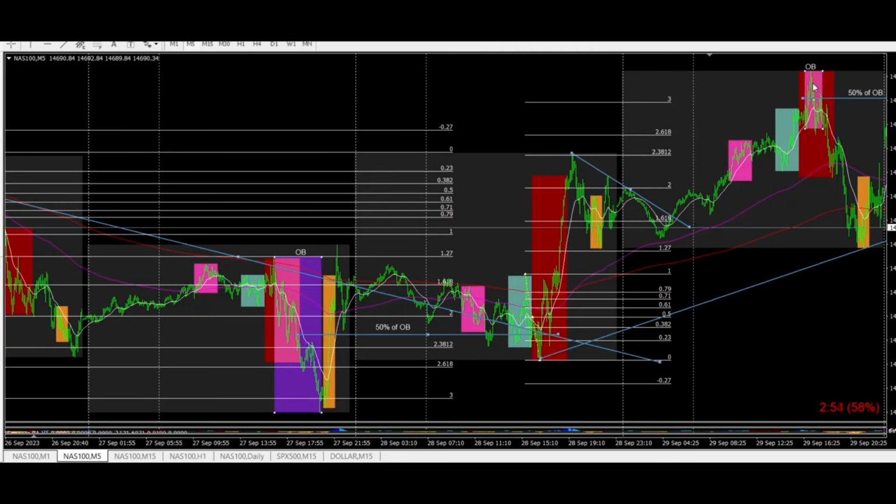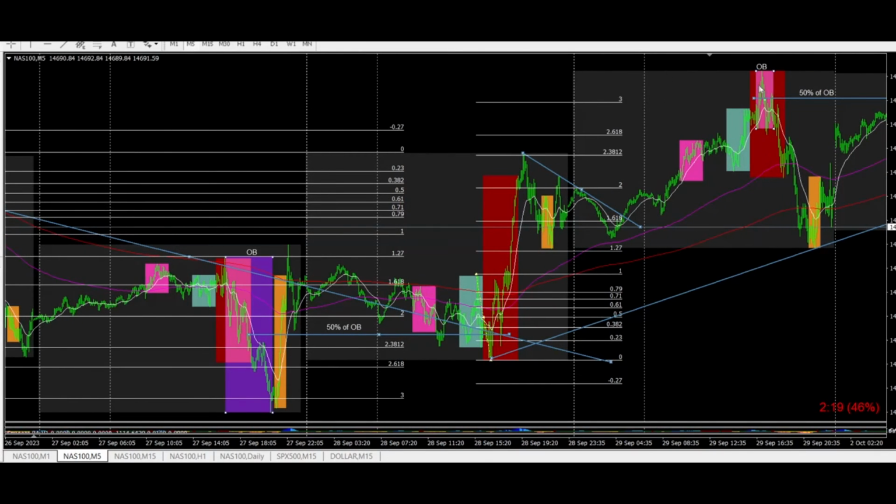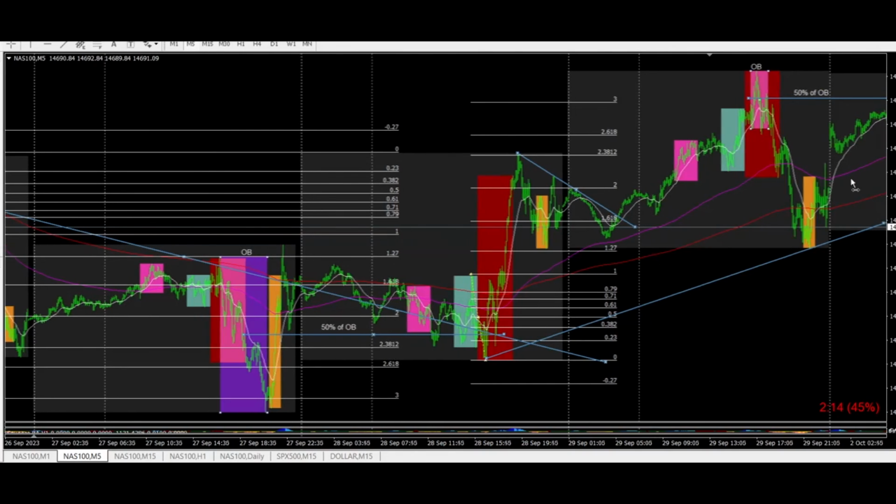So we draw out our 50%, and as we look at price's movement, we can see this right here creates a swing low that we can start to draw our trend line from. So we take this swing low to this one and draw out our trend line. We also take our 50% of an order block and watch where they meet.